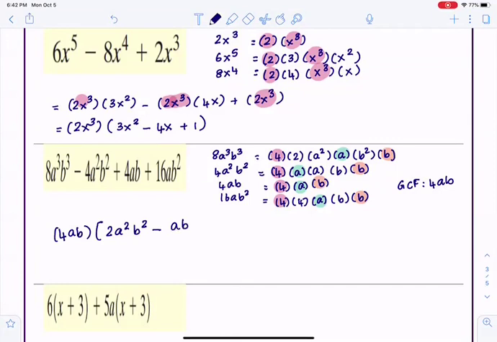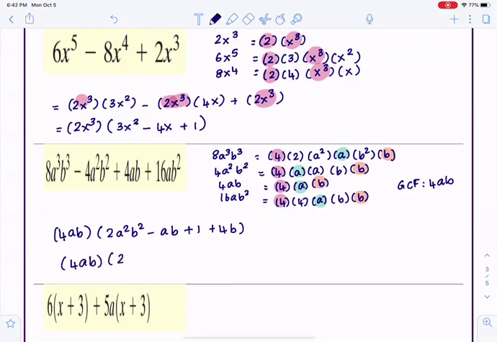In the third term, if I take out 4ab, I'm going to leave behind 1, because 1 is a factor of every expression. And lastly, if I take out 4ab, I'm going to leave behind 4b. It is conventional to put the constant at the very end, so I'm going to write it as 4ab times 2a squared b squared minus ab plus 4b plus 1.